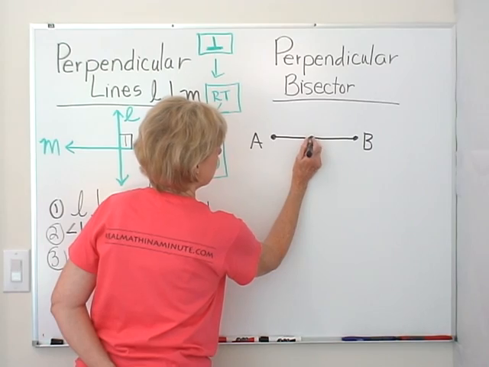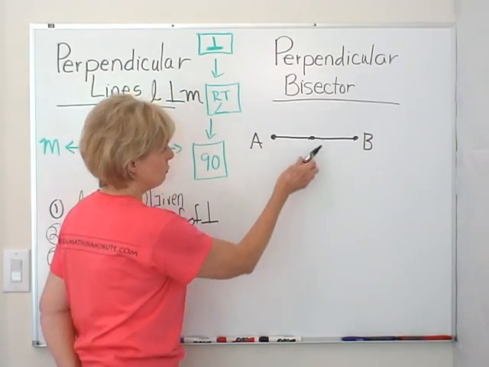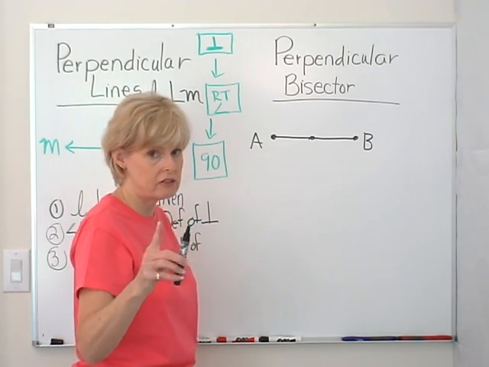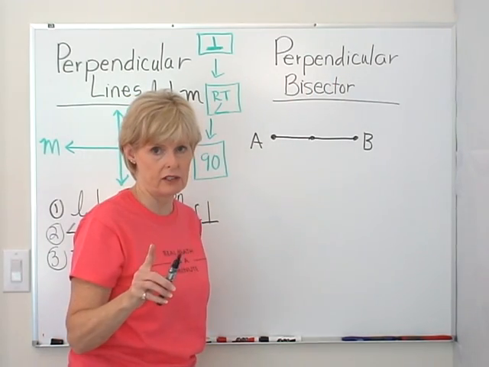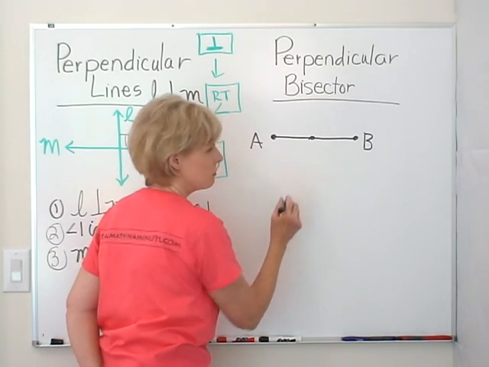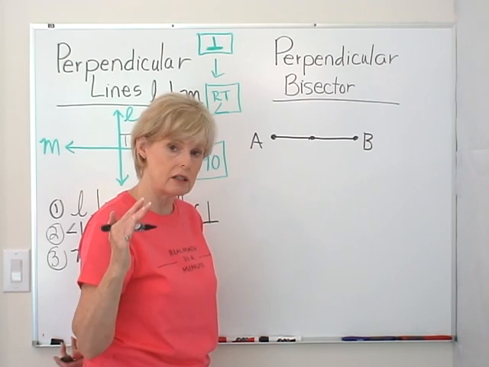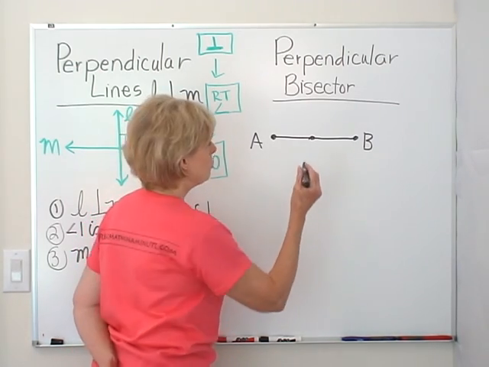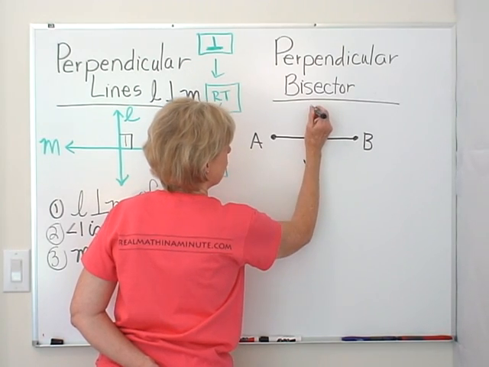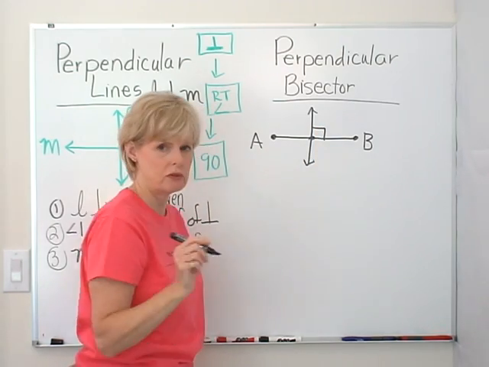We could have a bisector that goes through at any slant, and that would be fine, except if we have a perpendicular bisector, we know that the line or segment that goes through the midpoint goes in at a perpendicular angle. So the perpendicular bisector goes right through the midpoint and is perpendicular to the line segment.